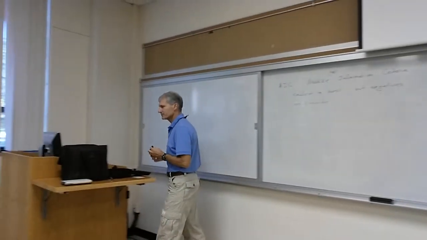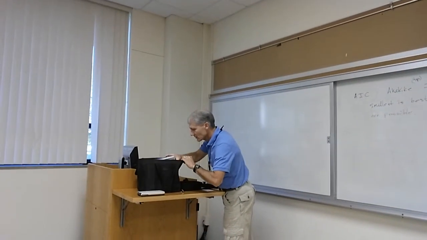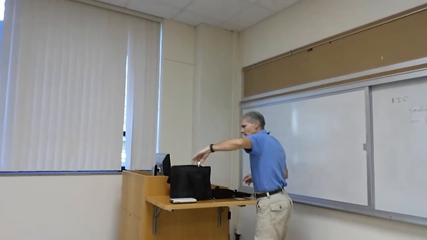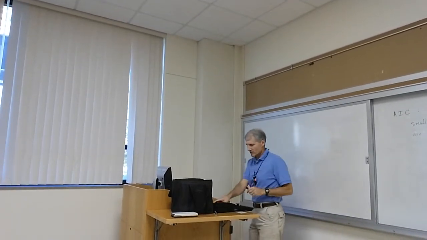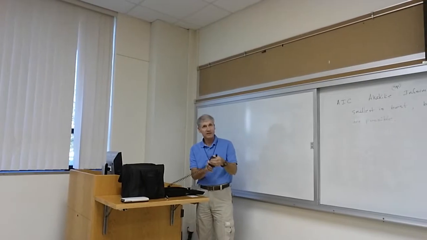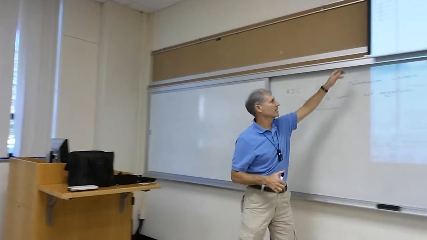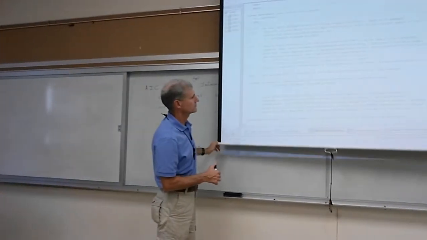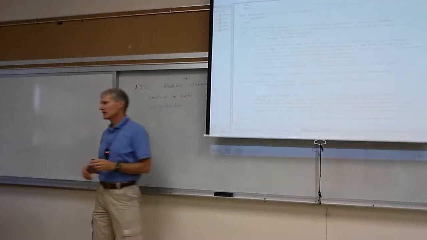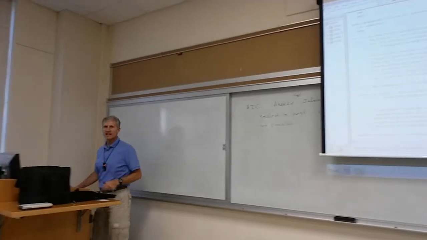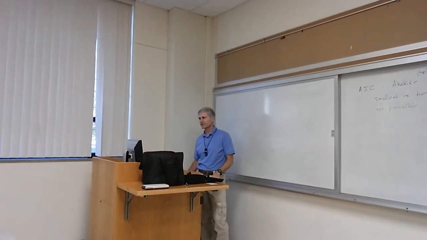So let's throw away that marker. Let me turn on the projector, and I've got an example problem up here. This is the soil evaporation data. Remember we talked about that several times already?